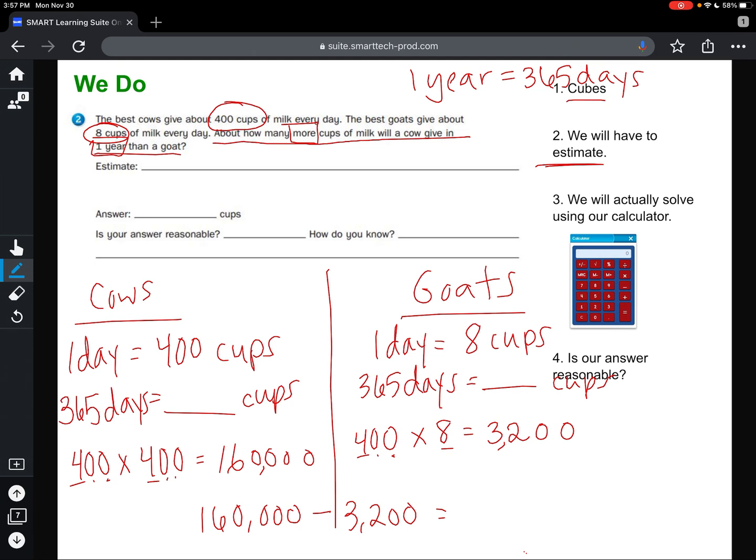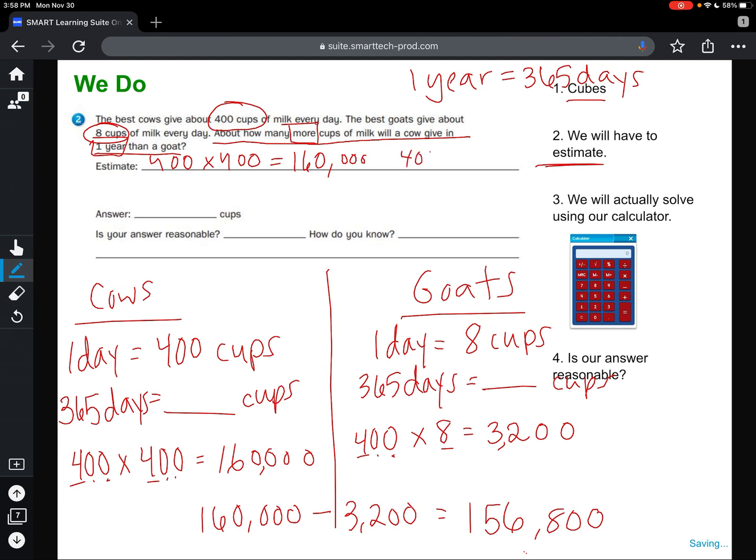So when I do my solving, I get my estimate is about 156,800. That's my estimate. And so when I write down my steps, the first thing that I did was 400 times 400 equals 160,000.